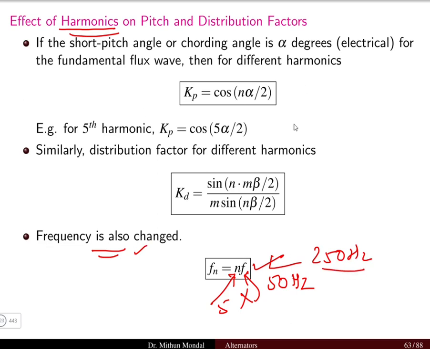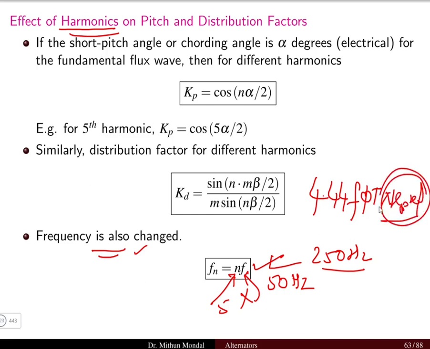So to find the induced EMF, we use 4.44 Fn Φ T multiplied by Kp and Kd. The Kp and Kd in the EMF equation will be updated due to the presence of harmonics on the pitch and distribution factors. If there are no harmonics, we take n equal to 1.